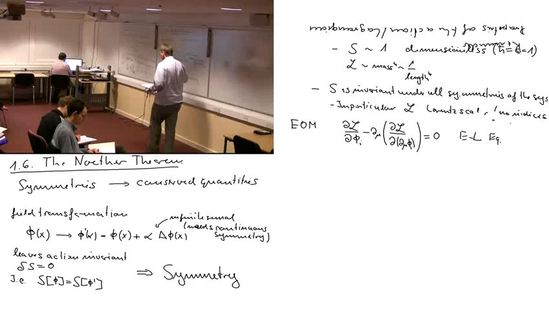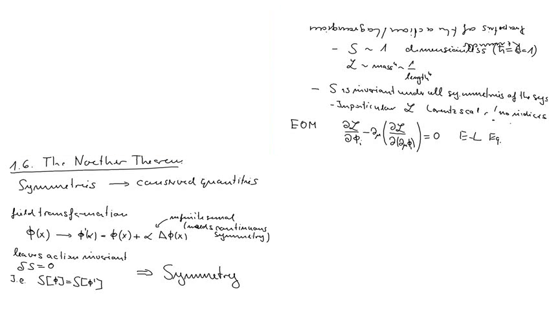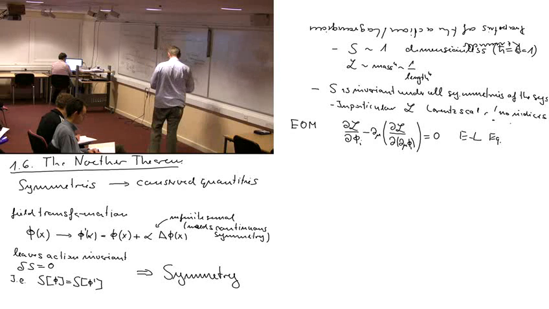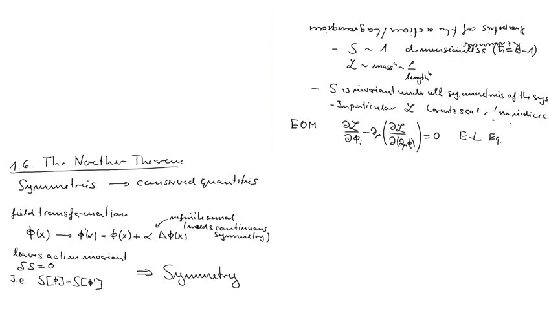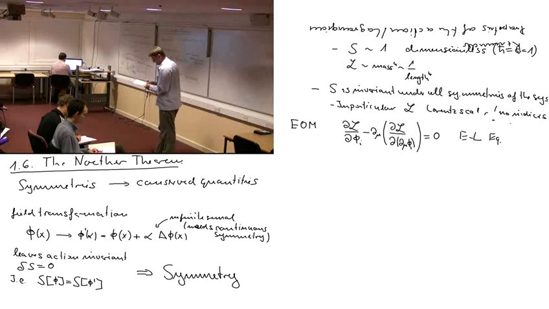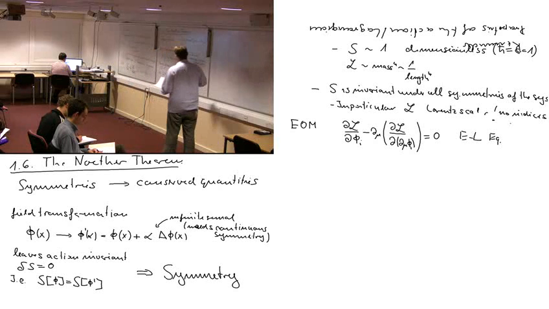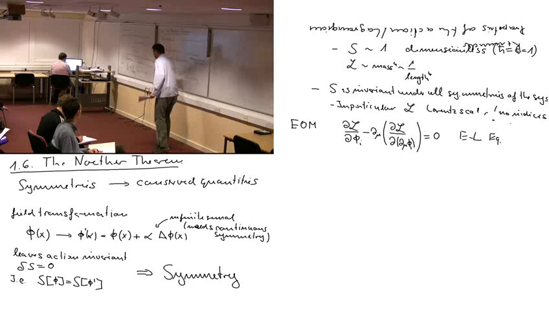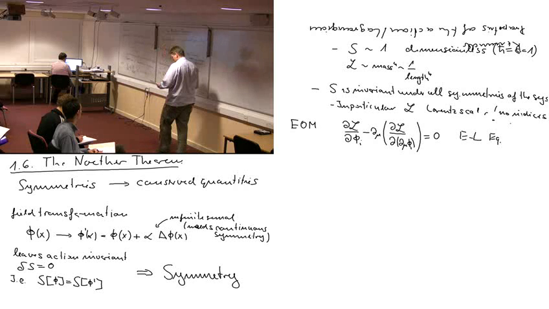We actually define a symmetry as being a field transformation that leaves the action invariant. Okay, so we have always talked about the action and the Lagrangian density. So the question is, what does this requirement mean for the Lagrangian density?